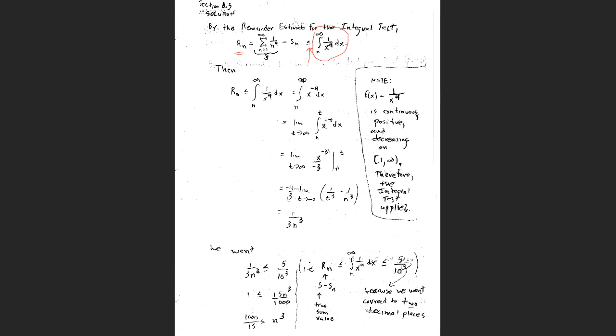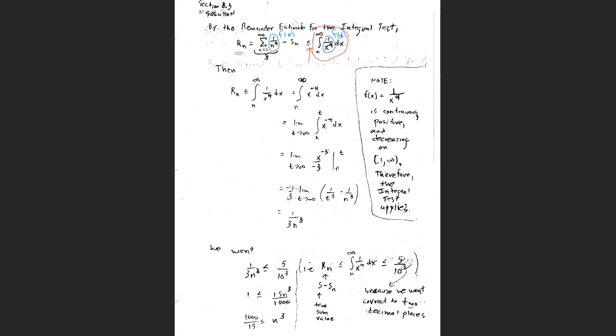Notice that in terms of the notation here, this 1 over n to the fourth is f of n, and 1 over x to the fourth is f of x. Sometimes it's helpful to keep that in mind.